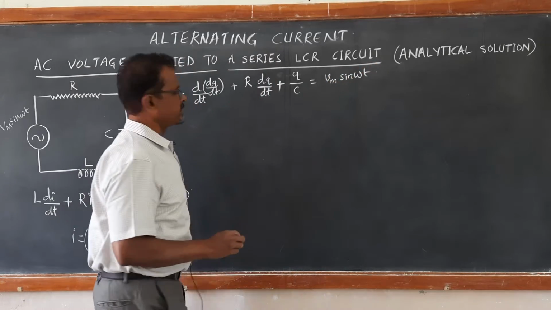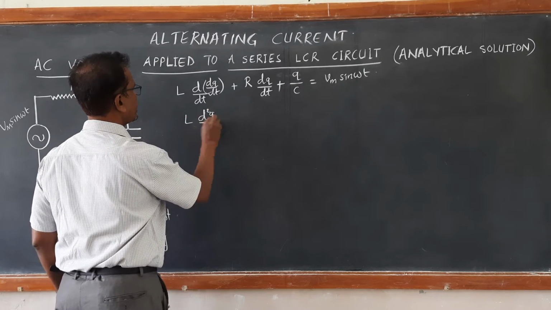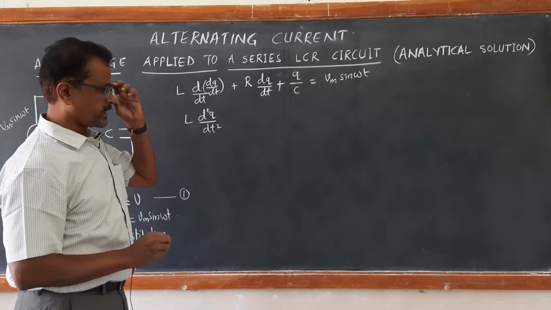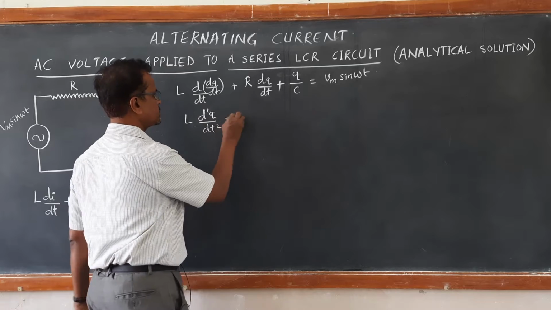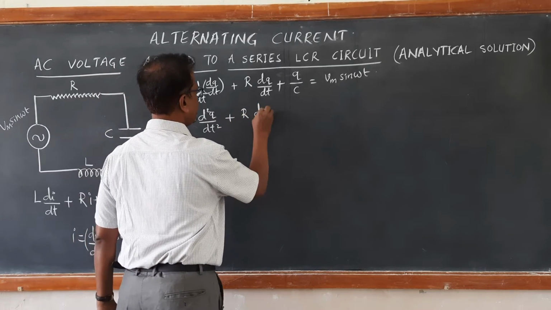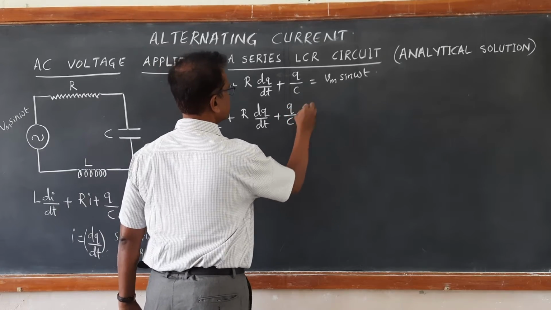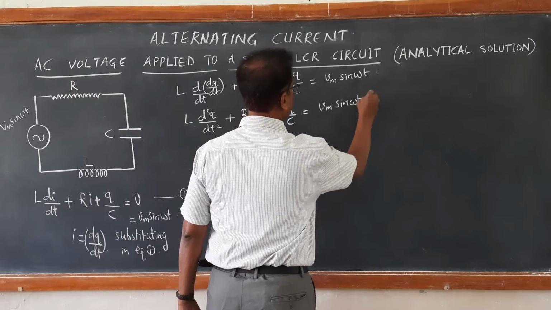So this can be rewritten as L d square Q by dt square. This is called a second order differential, d square Q by dt square, plus R into dq by dt, plus Q by C equal to Vm sin omega t, right?